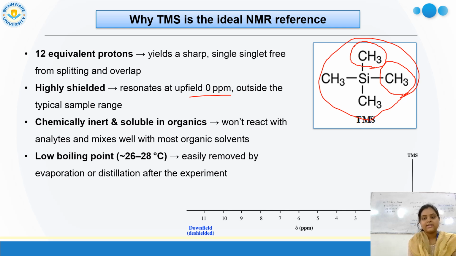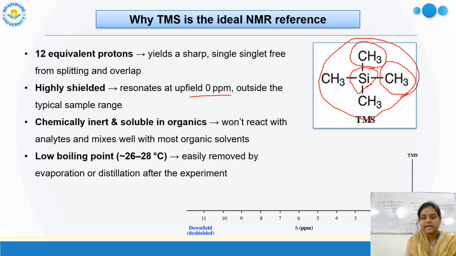So this tetramethylsilane is chemically inert, and as all the CH3 groups are the same, and the neighboring atom, silicon, is not attached to any proton, it will show a singlet, one single peak. And here there are 12 protons, so due to this higher number of protons, it will show a very sharp, very intense peak.